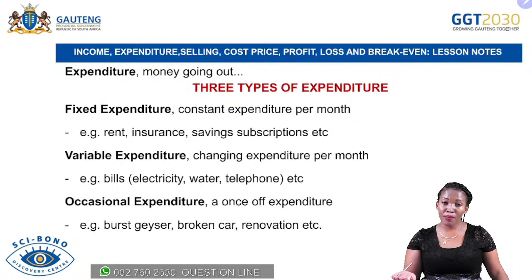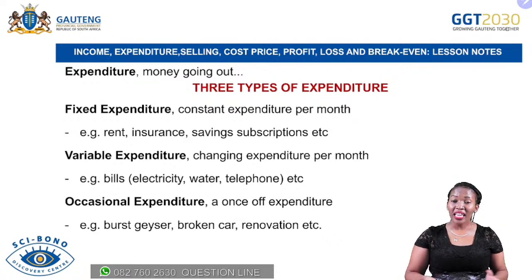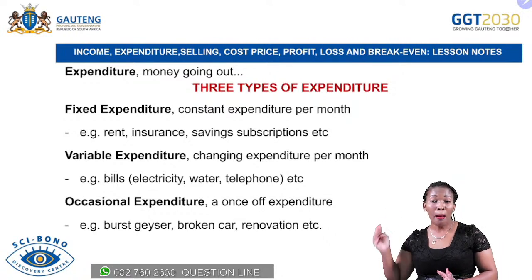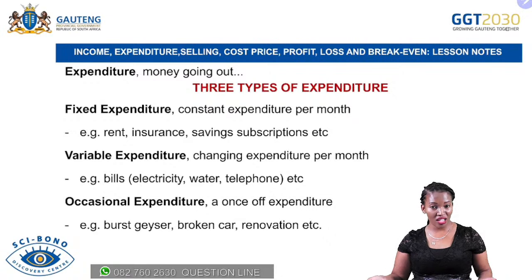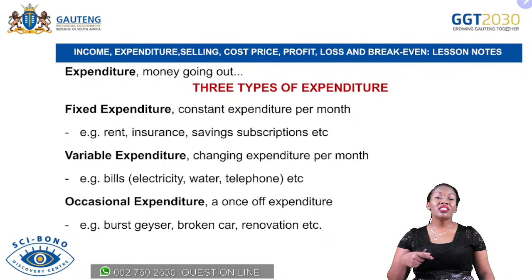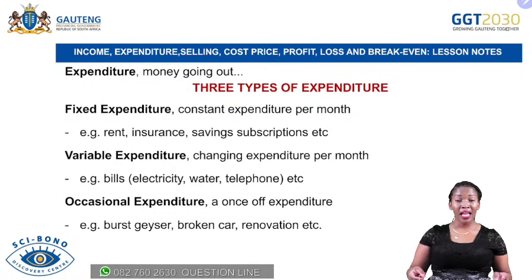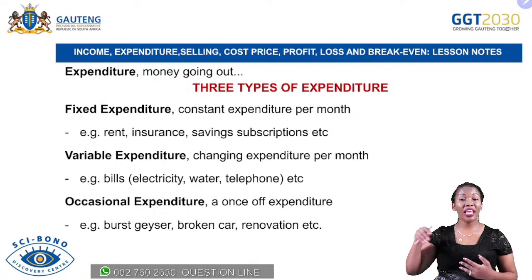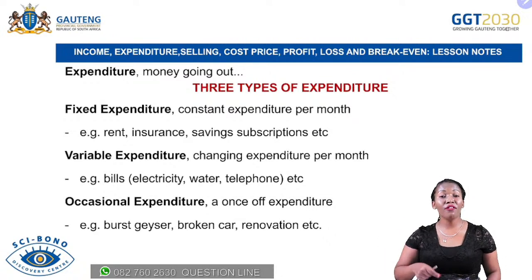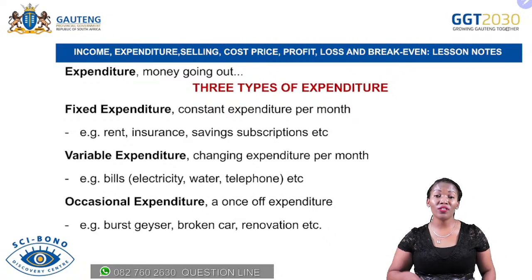What are your fixed expenses? Like your fixed income, it is your expenses that stay the same on a regular basis. They don't change. An example of that would be, if I'm renting out a place. Now this time, I'm not the landlord, but I'm the tenant. And then there's a signed agreement that every month I must pay 4,000 rand for rent.